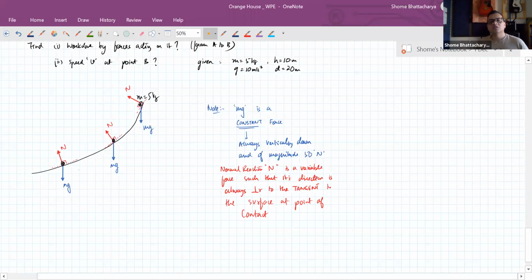Okay. So because it's a variable force, the work done will be calculated by integration method. Okay. And because this is a constant force, mg is a constant force, the work done will be calculated by dot product method.